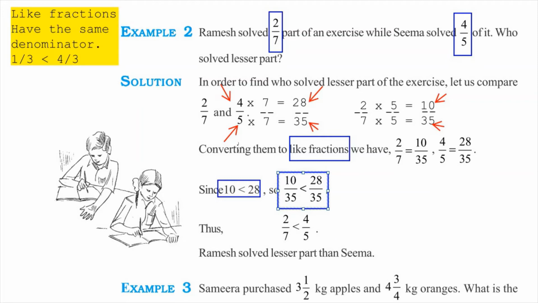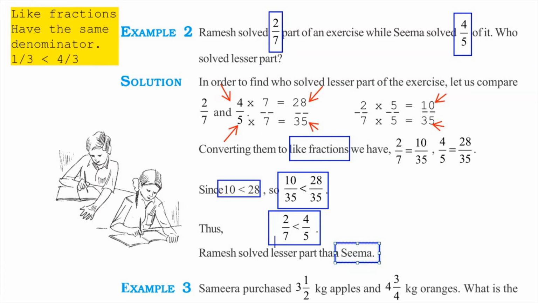This means that 4 by 5 is greater than 2 by 7 because we got 10 by 35 from 2 by 7 and 28 by 35 from 4 by 5. Therefore, 2 by 7 is less than 4 by 5, which means that Ramesh, who solved 2 by 7 part of the exercise, solved lesser part than Seema.